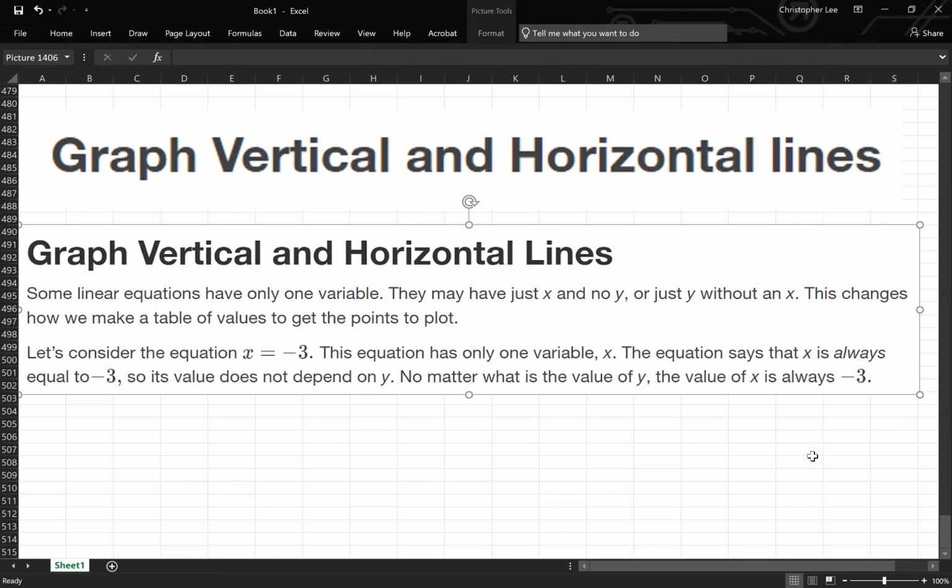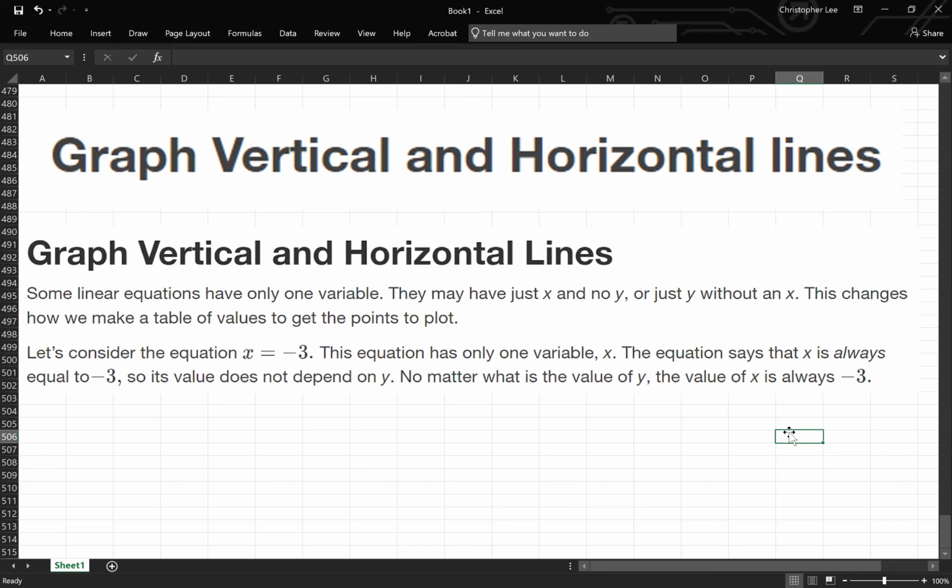So let's consider the equation X equals -3. This equation has only one variable, X. The equation says that X is always equal to -3. So its value does not depend on Y, no matter what the value of Y is. The value of X is always -3, right?